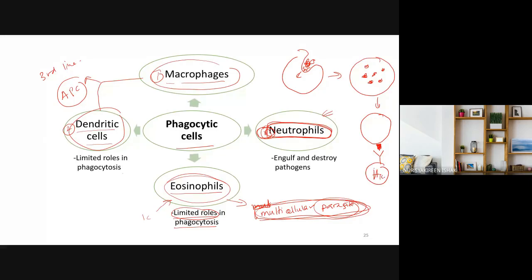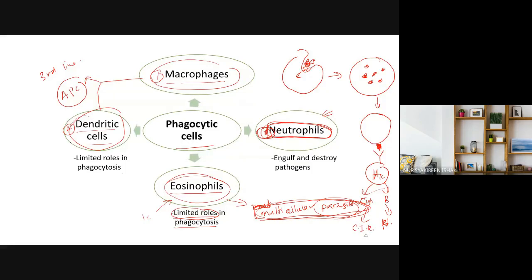So this helper T cell, once it binds to the macrophage that presents the antigen, it will activate either cytotoxic T cell ataupun B cell. Okay, so this will activate the humoral immune response. This will activate the cell-mediated immune response.